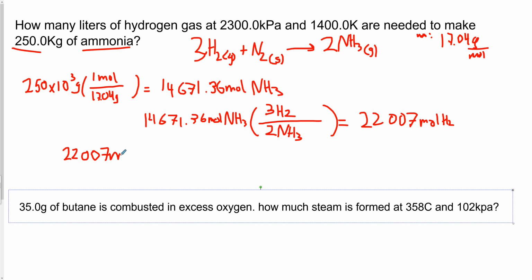We use R, that's 8.314 kilopascal liters per mole Kelvin. T goes on top, so 1400 Kelvin, that's pretty toasty. And then our pressure goes on the bottom, 2300 kilopascals.